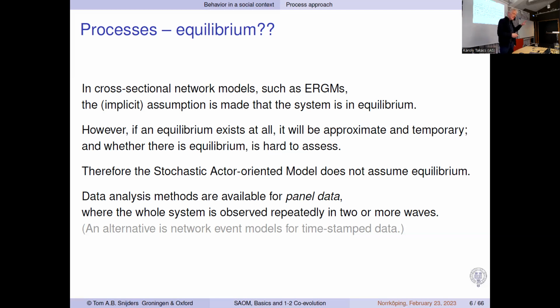And as I said earlier, I'm considering panel data, where the paradigmatic example is that as a researcher, you go into a school and you ask everybody in the school to mention their friends. And you do that now, and you do that a year from now, and then perhaps one year later again. So that is an example of network panel data.